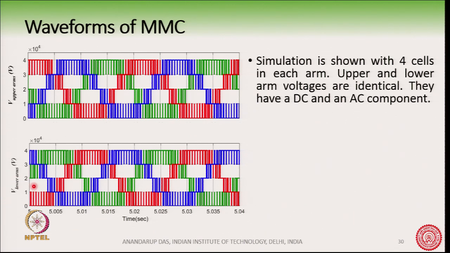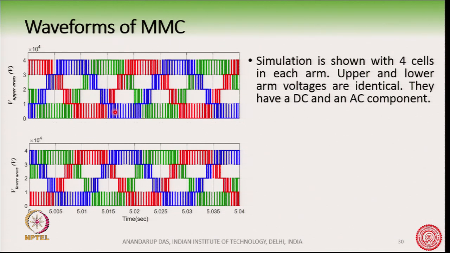Accordingly, the actual upper arm and lower arm voltages are something like this. Since there are 4 cells, you can clearly see the levels here. There should be 5 levels, because this is made up of half bridges. This is the first level 0, and there is a second level, third, fourth and fifth.